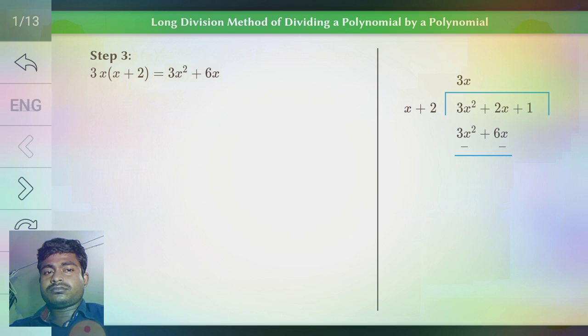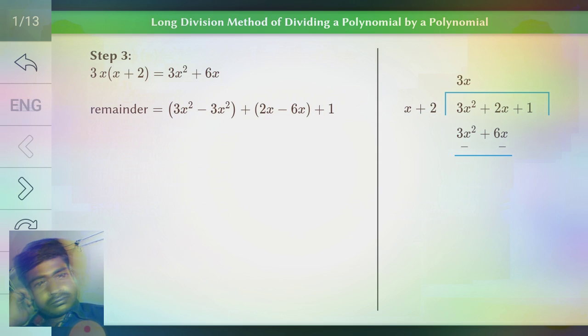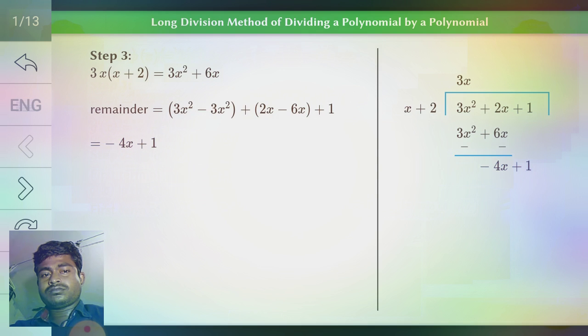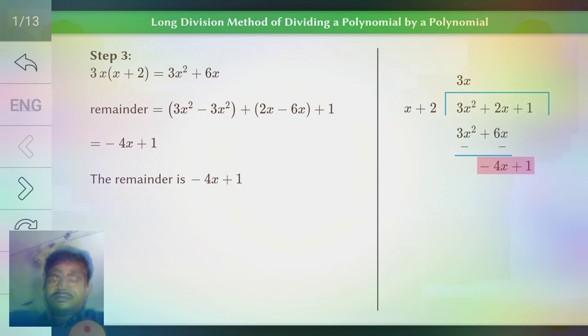Subtracting 3x² + 6x from 3x² + 2x + 1, we get remainder = 3x² − 3x² + 2x − 6x + 1 = −4x + 1. The remainder is −4x + 1.